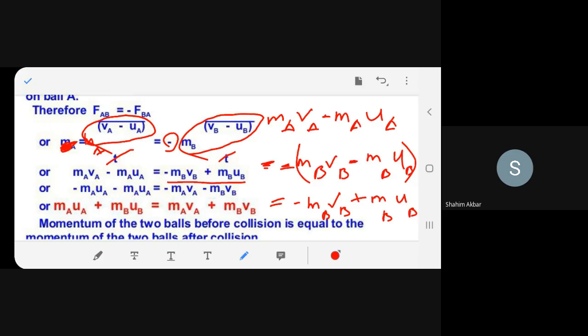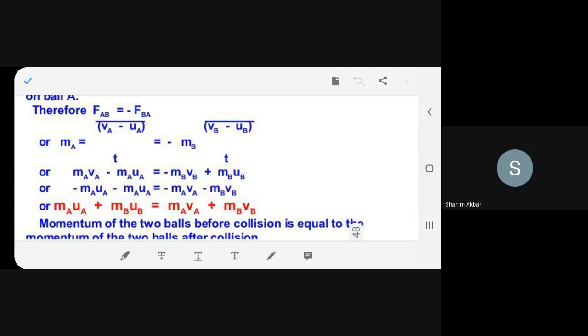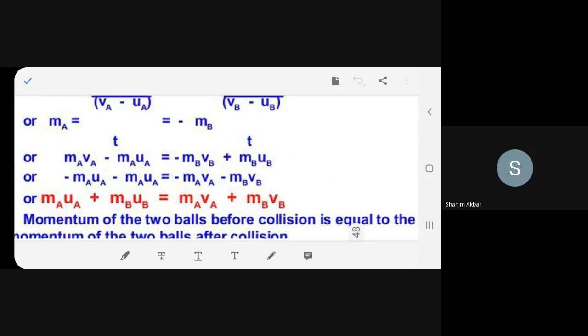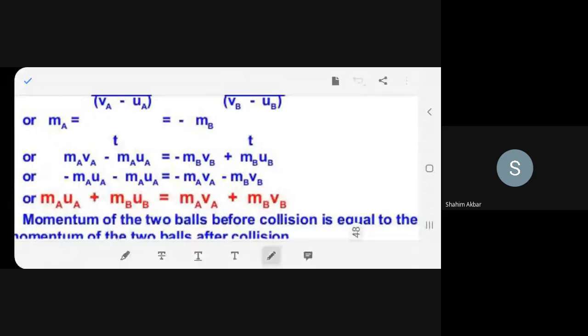Now you have to solve the whole equation. What will we do? We will put A together on one side and B on the other side. First you will take this one and this one. As we know this minus is in the beginning, we'll put it in the beginning because it has the minus sign.